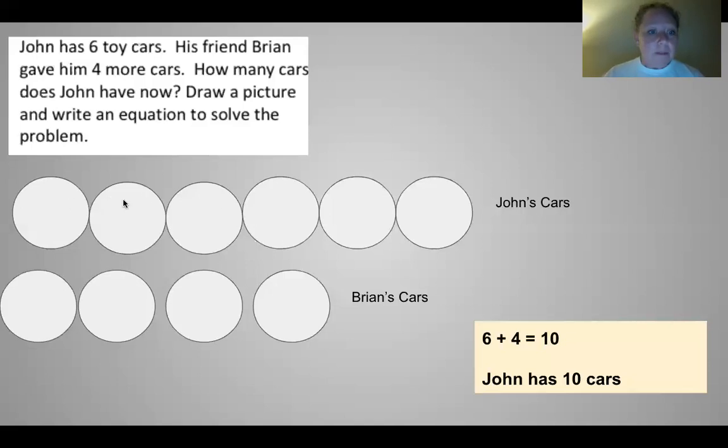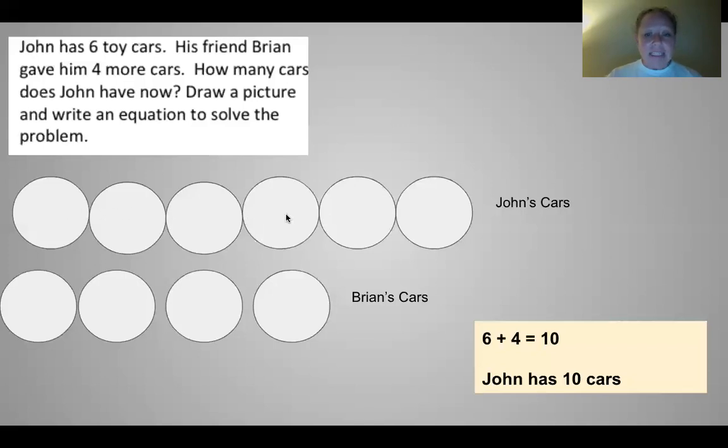1, 2, 3, 4, 5, 6, 7, 8, 9, 10. How many cars does John have now? That's right. John has 10 cars.